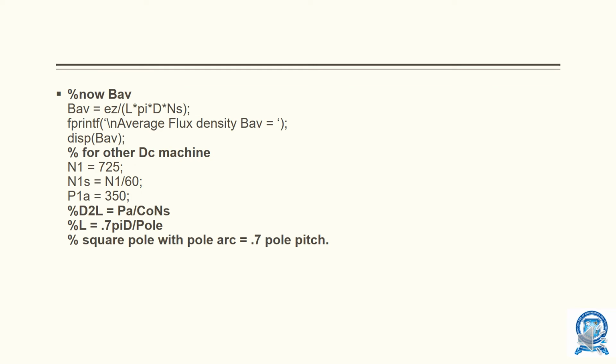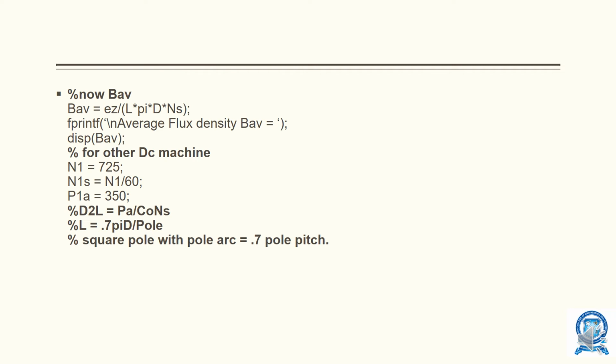Now coming back to B average. Now B average, the specific loading, needs to be found. Once you know the value of specific loading, you can use it for the next machine. So B average is equal to Ez divided by L pi D Ns. Substituting, you will get the value of B average. Now n1 and n1s.